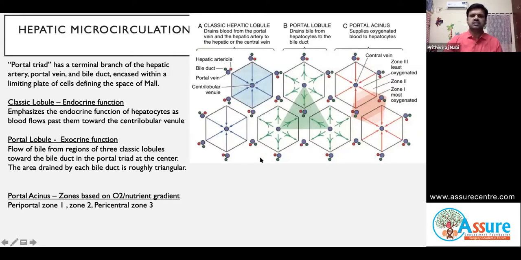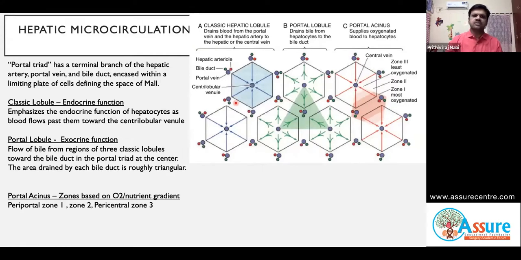It is based upon a central lobular venule in the center with 6 portal triads around, in a roughly hexagonal shape. The portal triad is formed by a terminal branch of the hepatic artery, portal vein, and bile duct, as you all know, and it is encased within a limiting plate of cells defining the space of Mall, as already depicted.